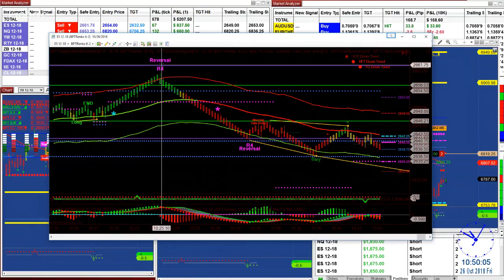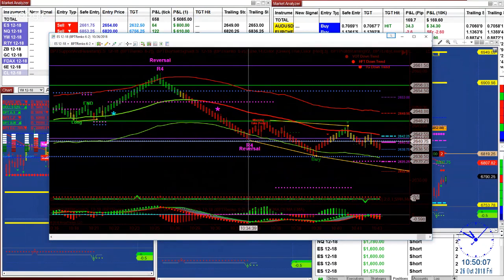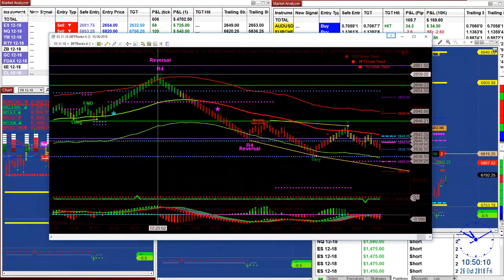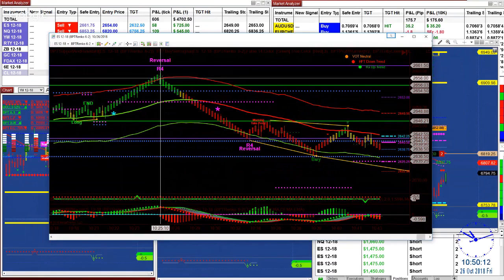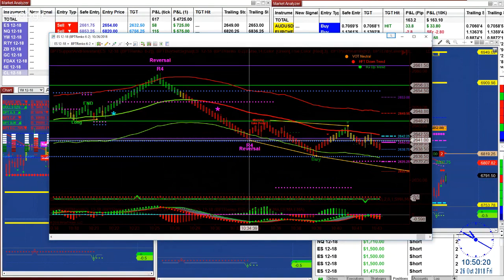Out of the band reversal, and you can see where it took you. That reversal took us, and those do not repaint, folks, from 26.58 all the way down to 26.41. This is serious money, folks.